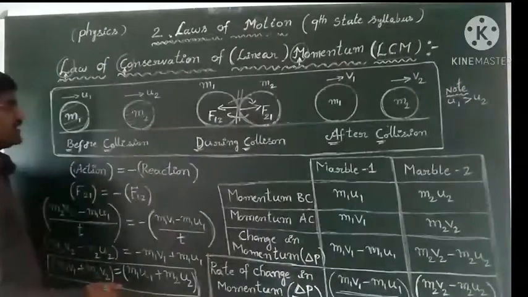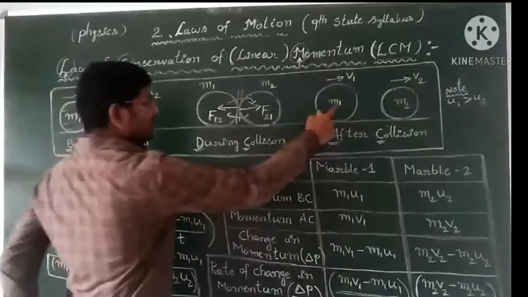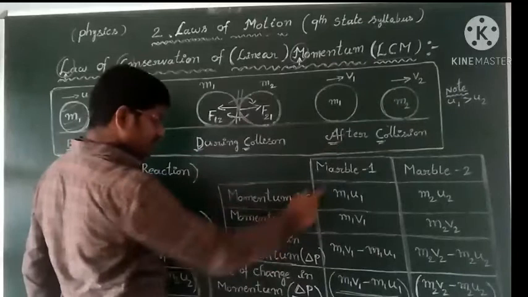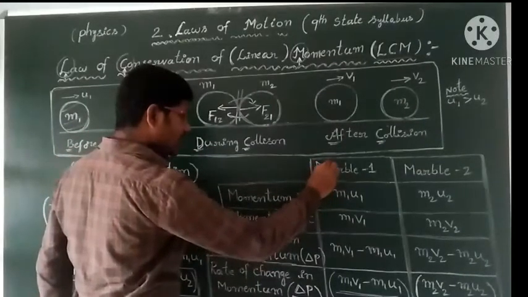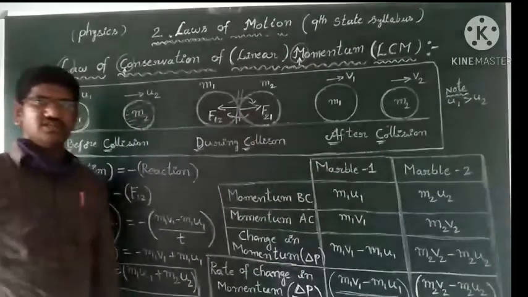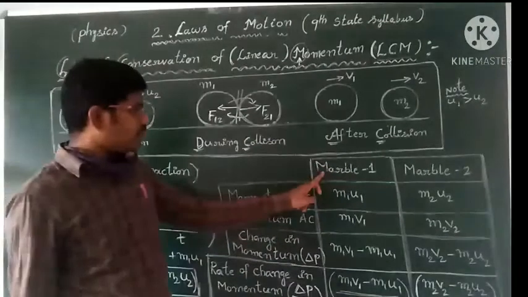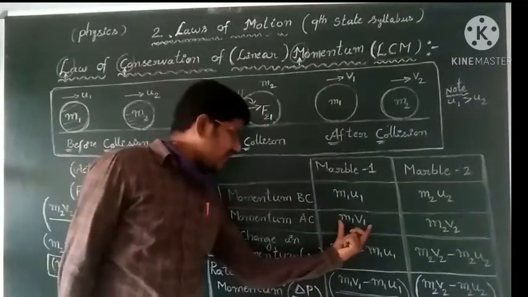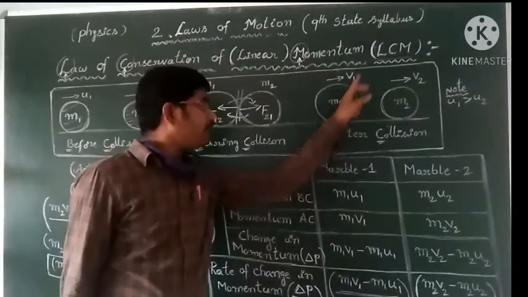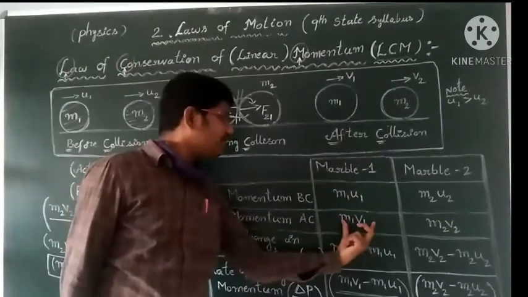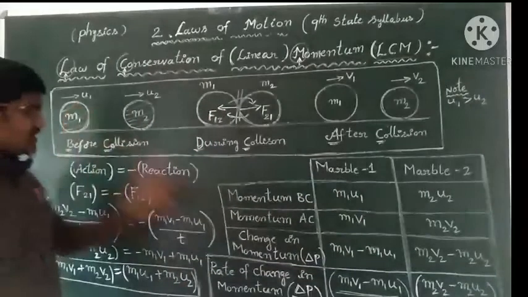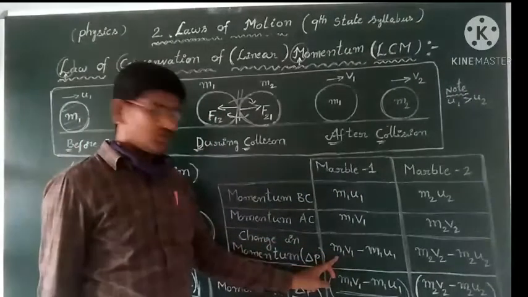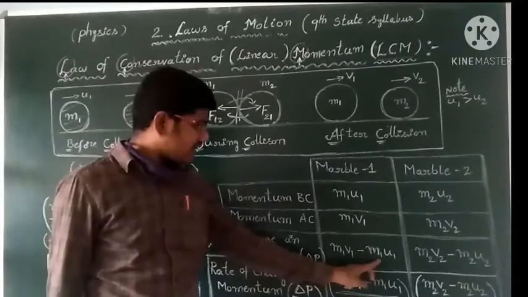The change in momentum of marble 1: the final momentum is M1 V1 and M1 U1 is the initial momentum, so the change in momentum is M1 V1 minus M1 U1.